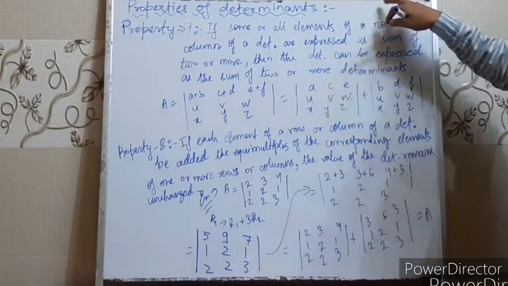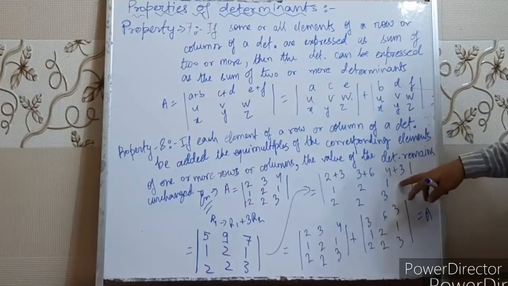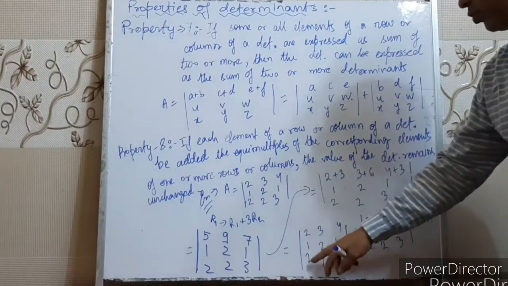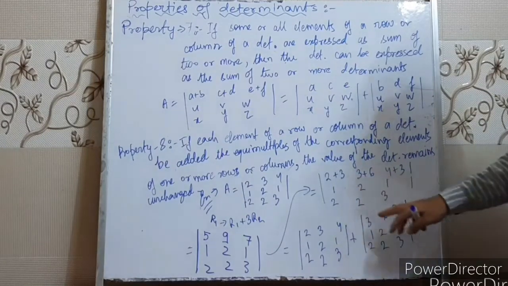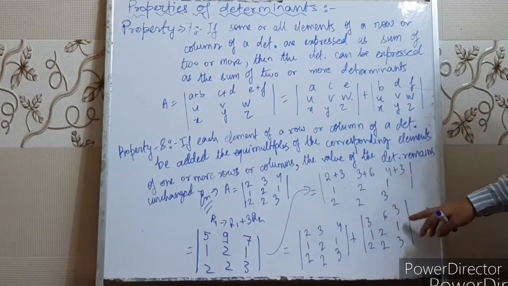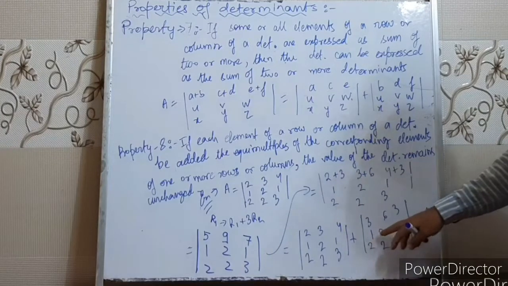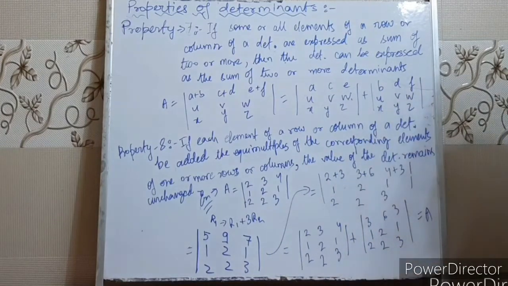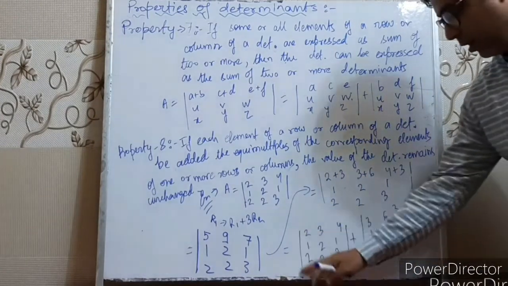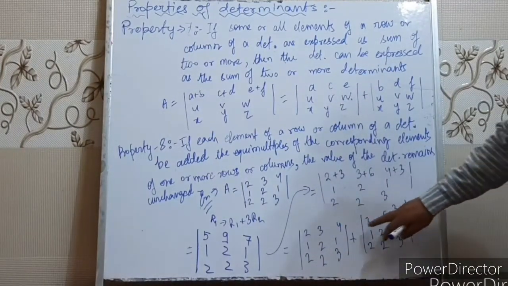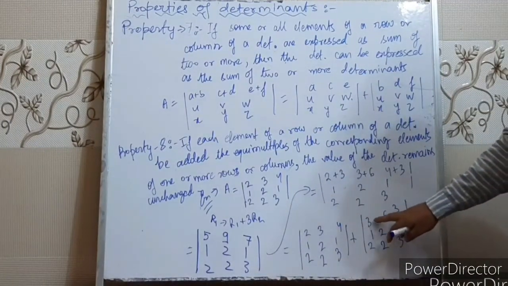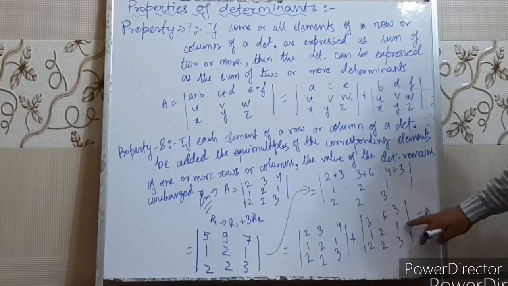Now by using this property, we can separate these 2 determinants. So this will be 2 3 4 in the first row, 1 2 1, and 2 2 3. Okay, and the next determinant will be 3 6 3 in the first row, 1 2 1 in the next row, and then the third row is 2 2 3. Right? So this is our determinant A. Now when you take 3 common from this determinant, what will happen? The first row and second row will become identical.